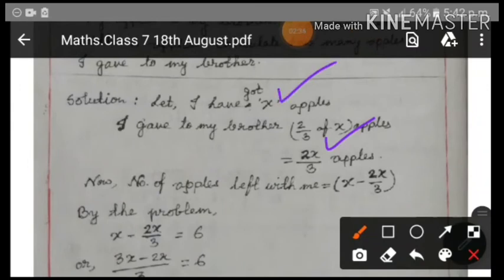According to the problem, the number of apples left with me is 6 after giving to my brother. So initially if I have x apples and I give 2x by 3 apples to my brother, then if I have 6 apples, then according to the problem I can write that x minus 2x by 3 equals 6, because x is the total number of apples which I have and I gave my brother 2x by 3 number of apples.